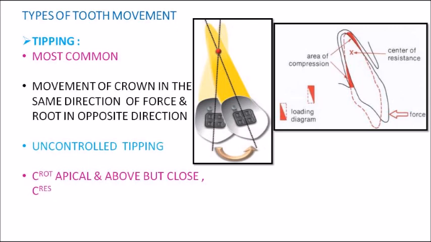Now in uncontrolled tipping the center of rotation will be apical, but it is always close to the center of resistance, and this is characterized by the crown moving in one direction and the root moving in the opposite direction. Uncontrolled tipping is most common when excessive force is applied and there is no control over the rotation of the tooth. Also, please note in the picture on the right hand side that there are some red areas, which are marked as the areas of compression.